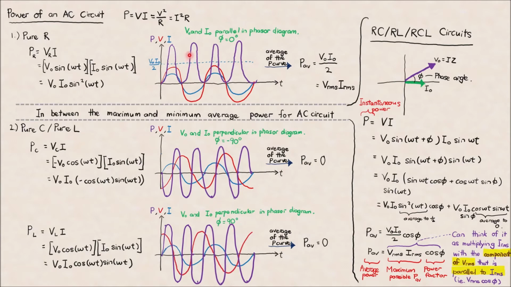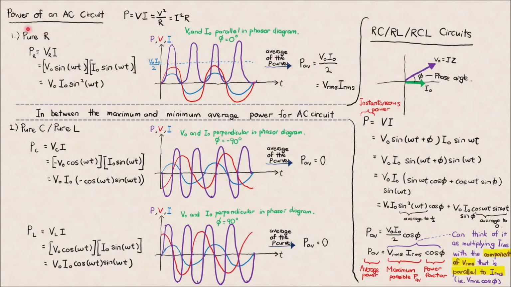For different kinds of circuits, pure R or pure C or pure L, you see that the average power will be different. So let's try and figure out the equation for power. Then after that, we use a graph to average things to become average power.